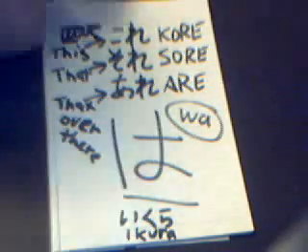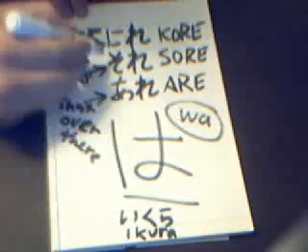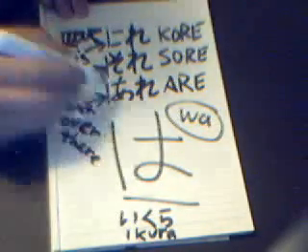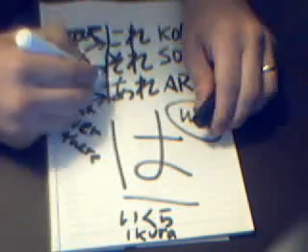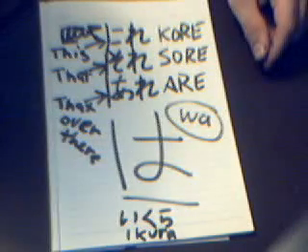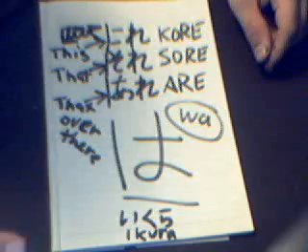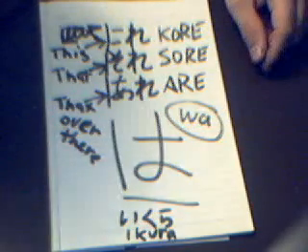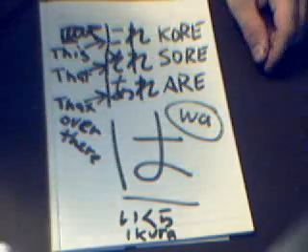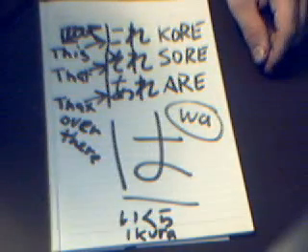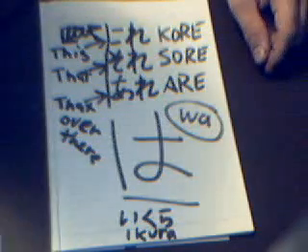You need to learn this system here. Ko, so, a. Because Japanese speakers will use this system with kono, this thing, sono, that thing, ano, that thing over there, with the no. They'll use koko, here, soko, there, asoko, over there.